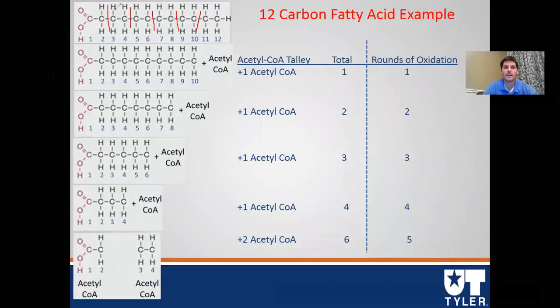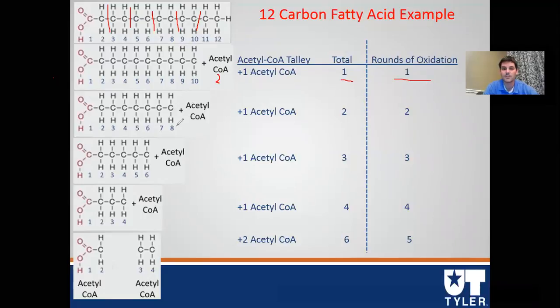Each time we chop off 2 carbons, we call that a round of oxidation, and what we're left with is, of course, acetyl-CoA. So in our first step, we take 10 carbons plus our 2-carbon acetyl-CoA molecule for a total of 12. This is our first round of oxidation, and we have 1 total acetyl-CoA.